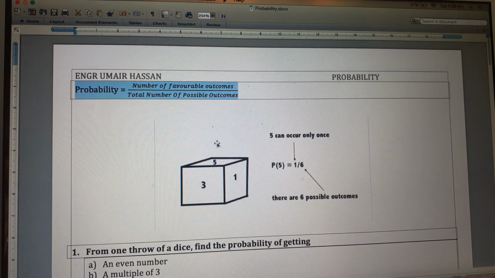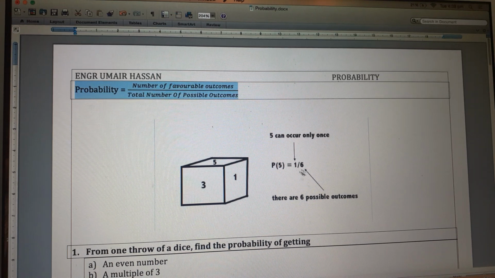Now, if we observe a dice, 5 is present only once. We can get 5 only one time, divided by the total number of outcomes, which are 6.